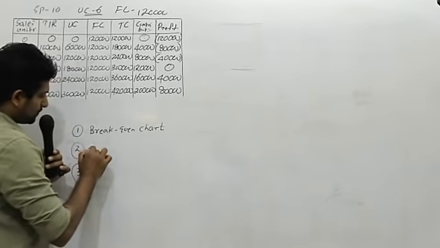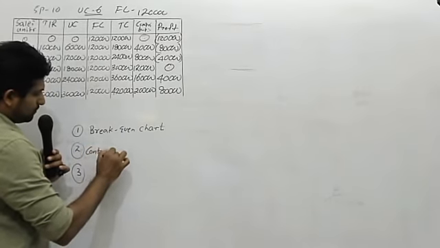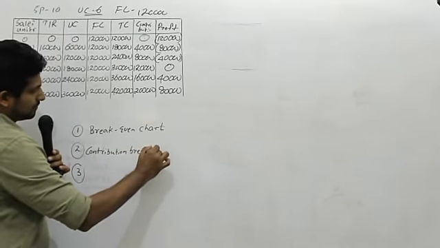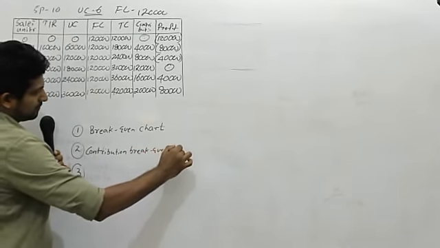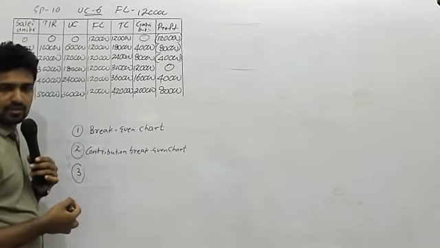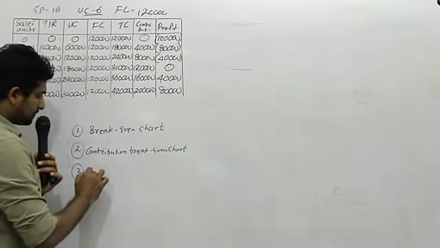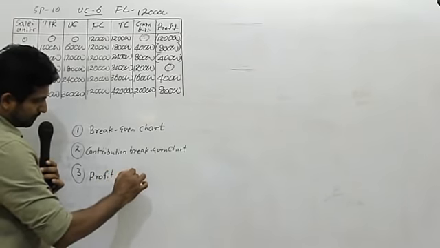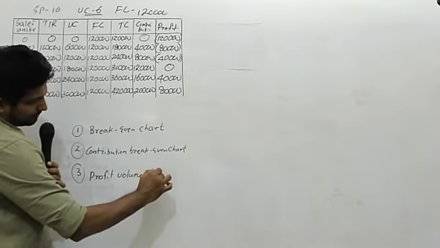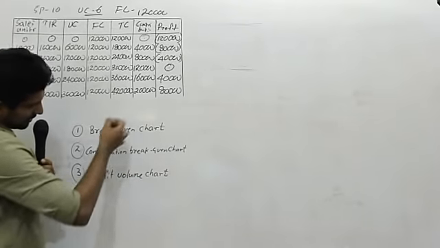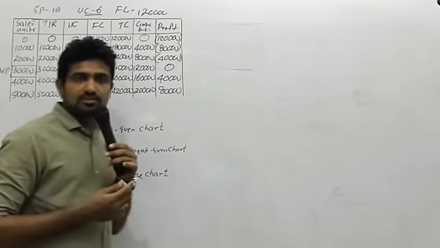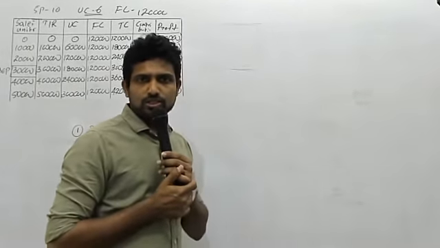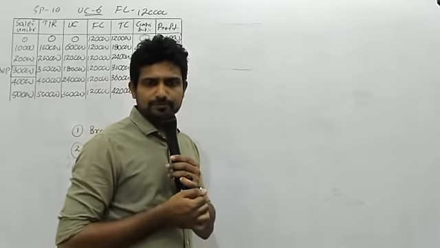Number two, contribution break-even chart. Number three, profit volume chart. These are the three charts or diagrams which you must know before the exam and which are supposed to be tested in the paper. Right?